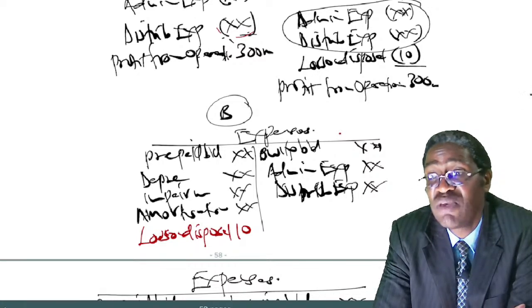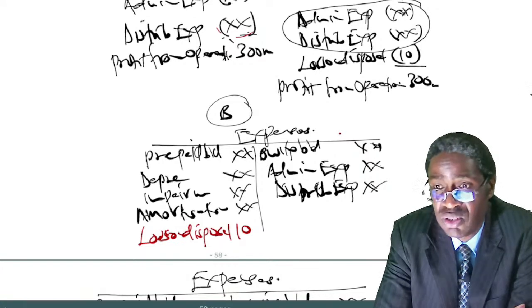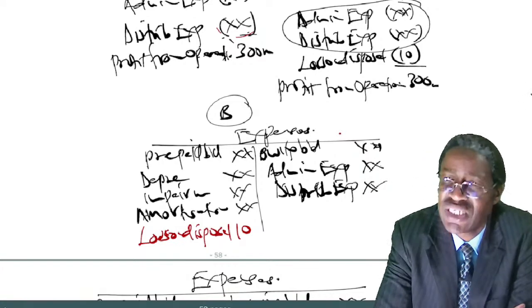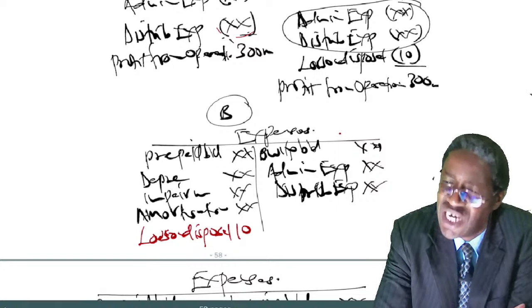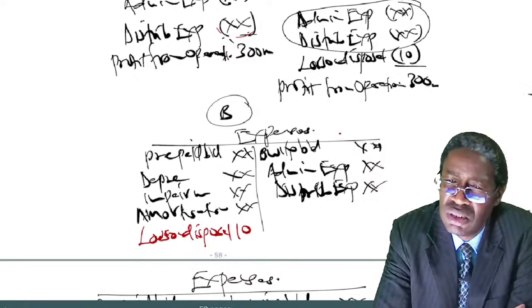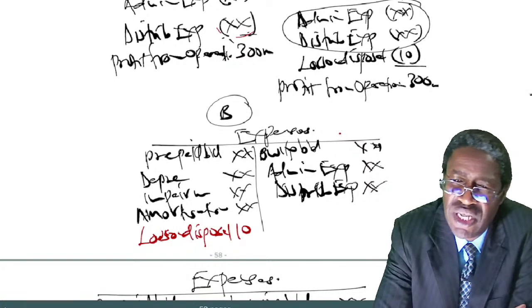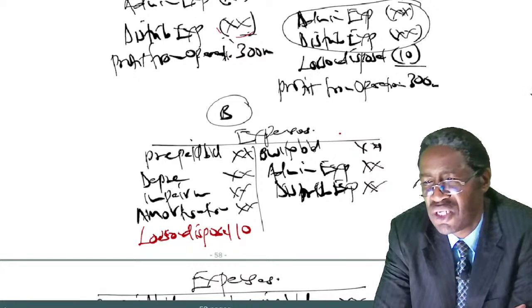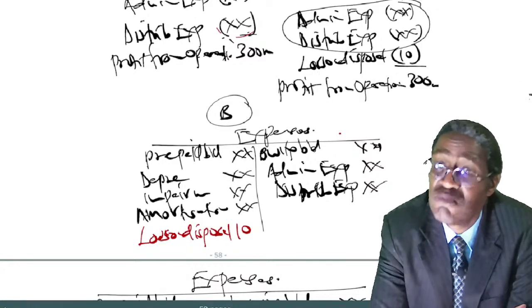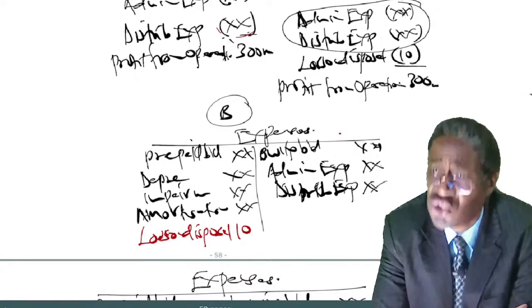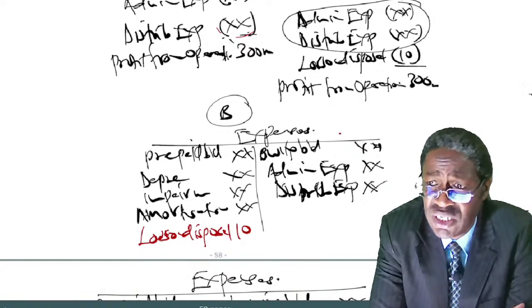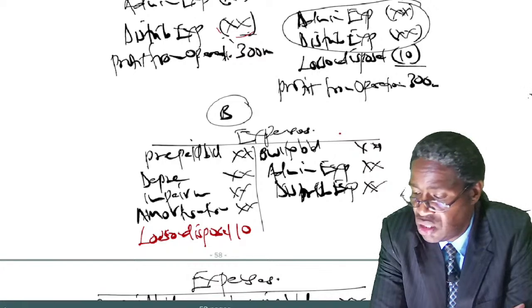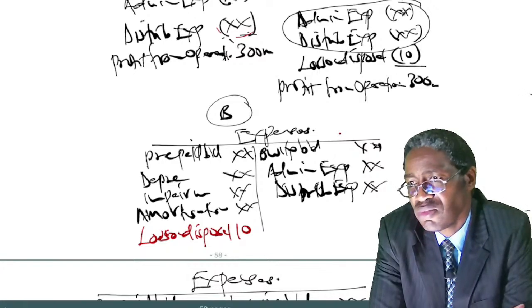For accountant number B, will I come and remove the 10 million like I removed the amortization, impairment, depreciation? As much as it's true, it's also an uncash item. Will I do that? I want you to tell me yes or no.